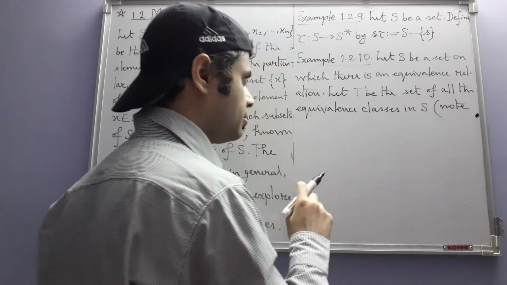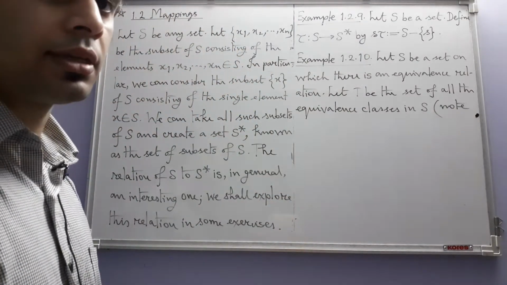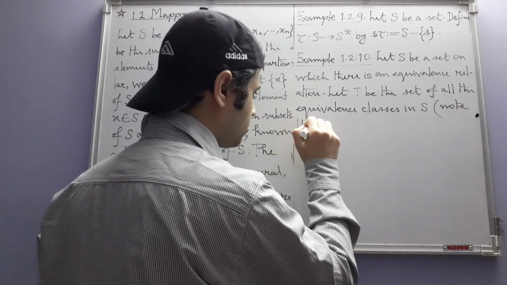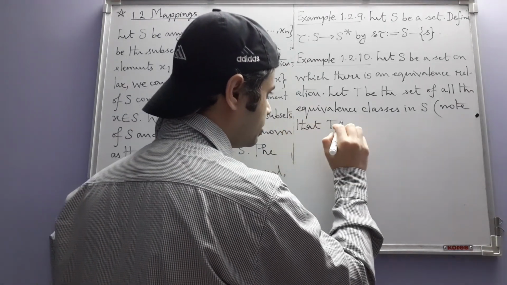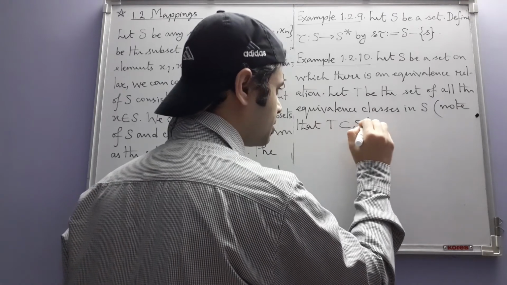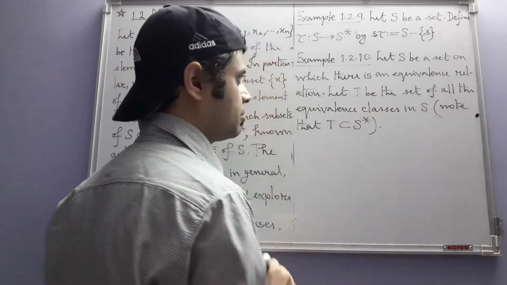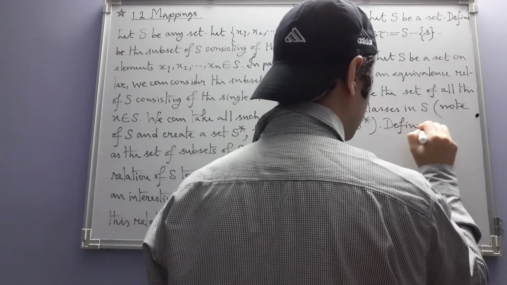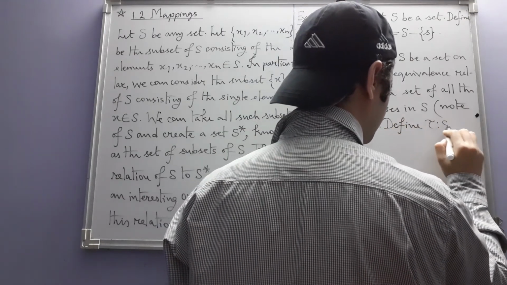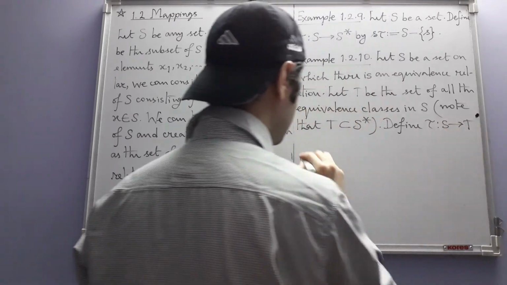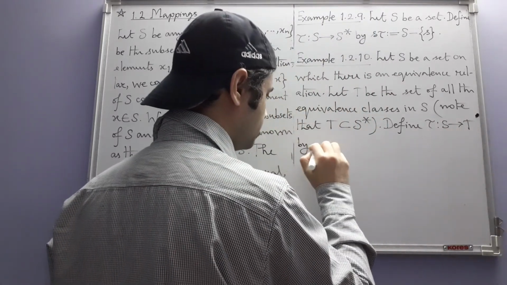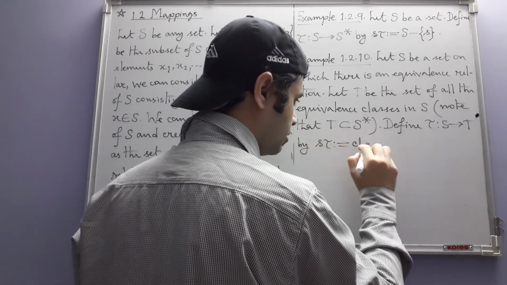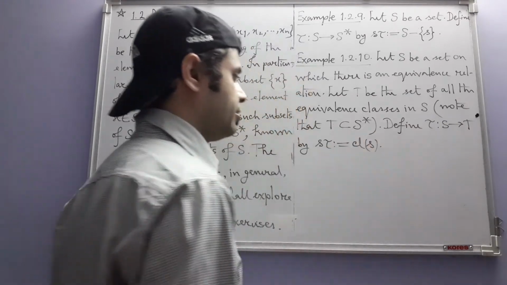Keep in mind that the equivalence classes in S are after all subsets of S. That's why note that T is a subset of the power set of S. Define a mapping tau from S to T by mapping an element onto the equivalence class containing that element.